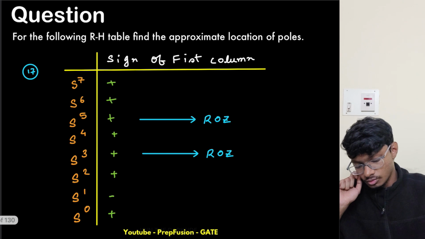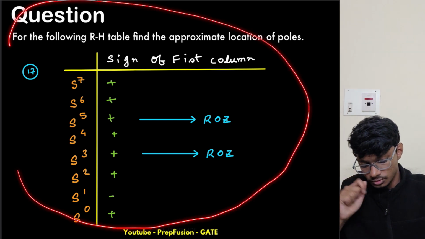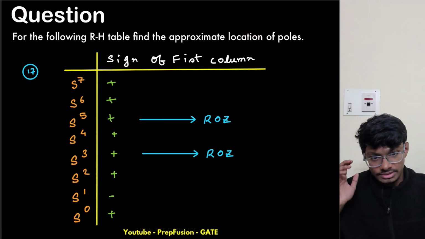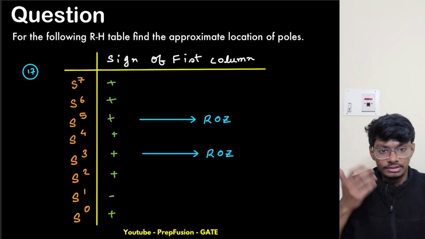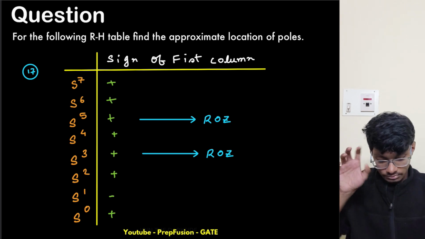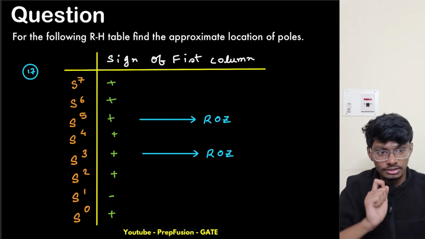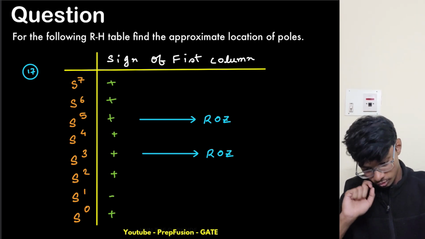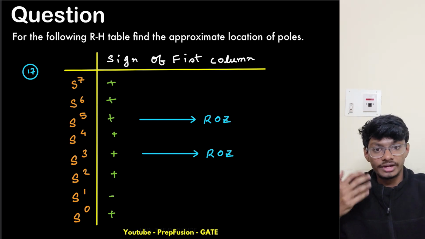So let's go to this question. What is this question telling us? Again the same thing: we have to find the location of the poles using the Routh table. But what is important here is we have been given 2 ROZ. If there are 2 ROZ, that means we have repeated poles.